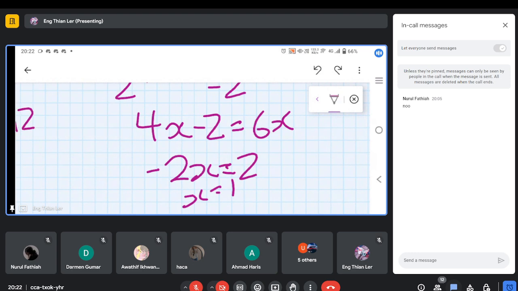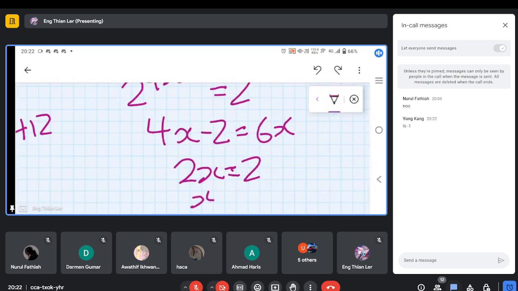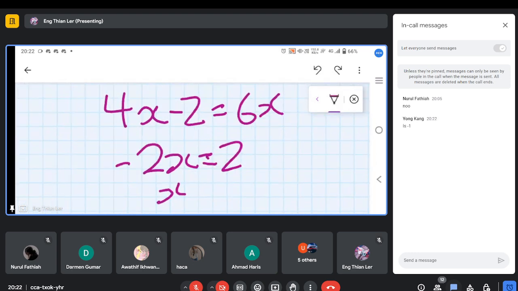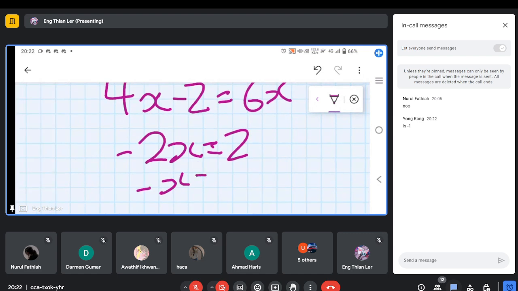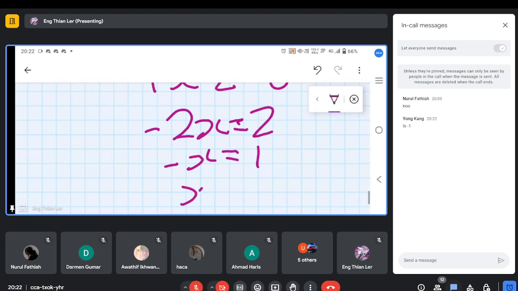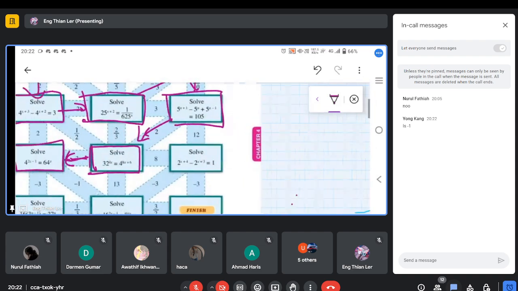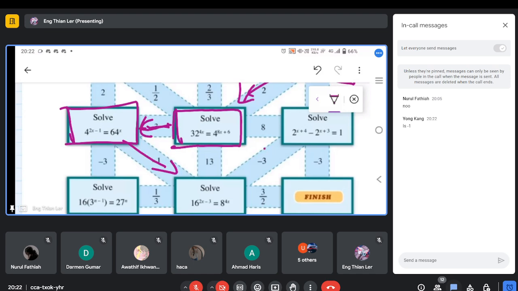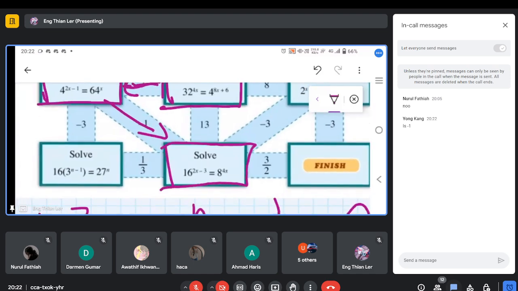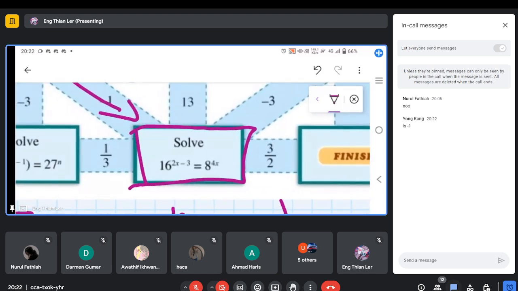Negative 1, sorry, because 4 minus 6 is negative 2. So negative 2x equal to 2, x equal to negative 1. Okay, so now we solve this. 16 to the power of 2x minus 3.